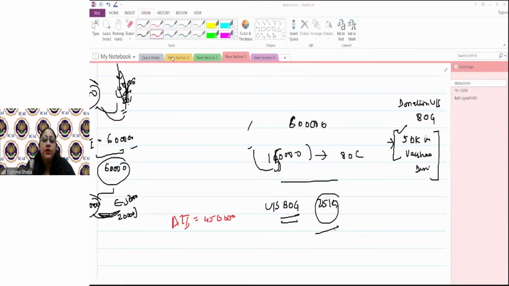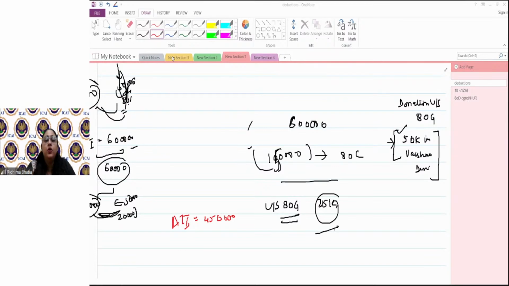80E is interest paid on education loan taken for higher education. It is allowed only to an individual, and interest paid during the year would be allowed as deduction. Education can be abroad or in India, it does not matter. 80EE is interest payable on loan taken for acquisition of residential property, and the loan should be taken between April 16 to March 17.